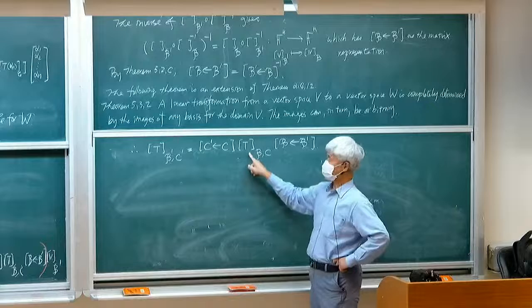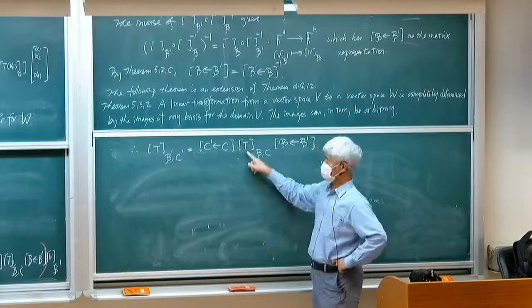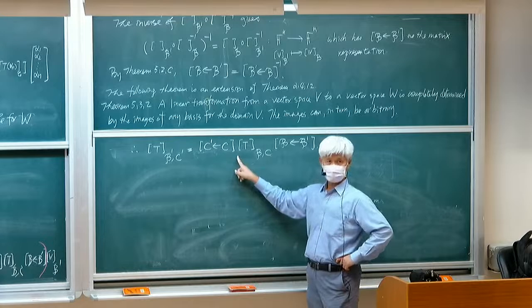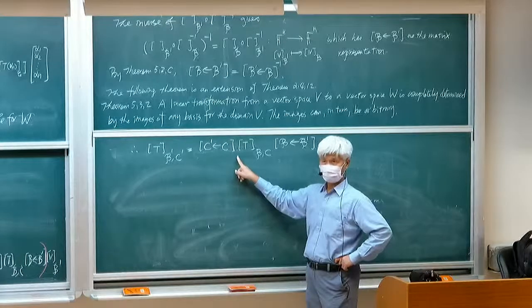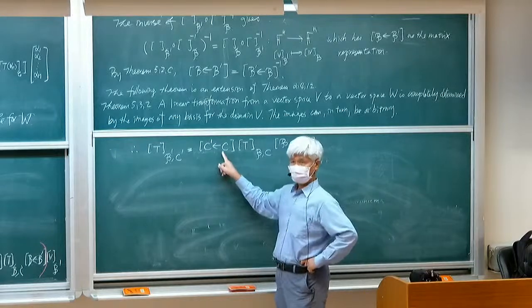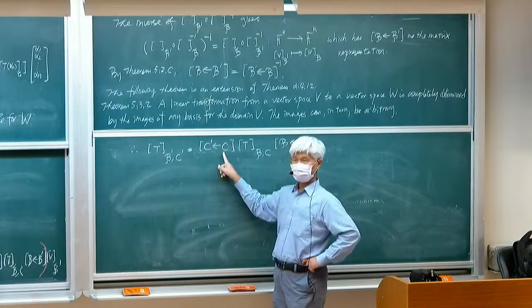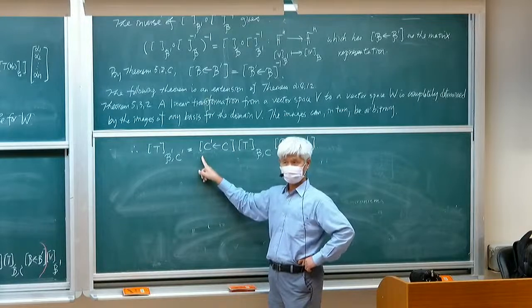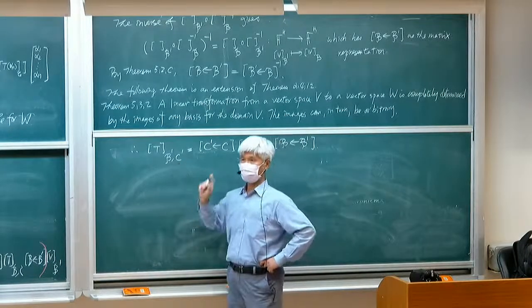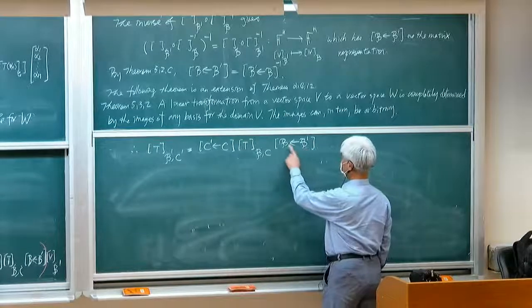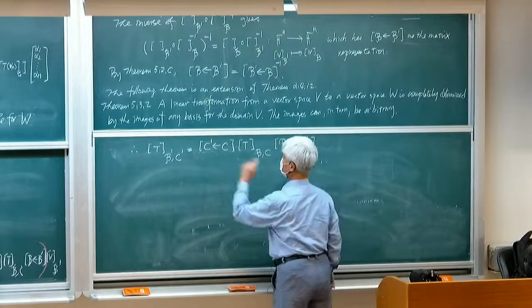So after this matrix representation, the image will be in the C coordinate of the codomain. And then you do the coordinate change from C coordinate to C prime coordinate. And that is here, where you do here. So B prime to B, B to C, and C to C prime.